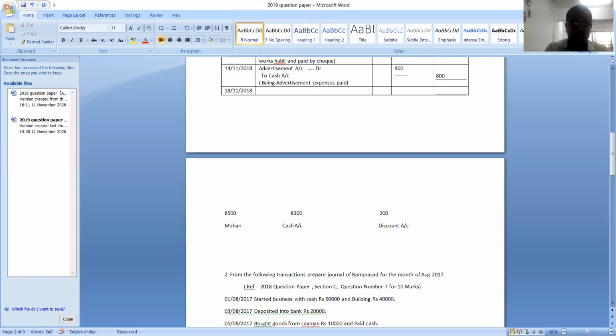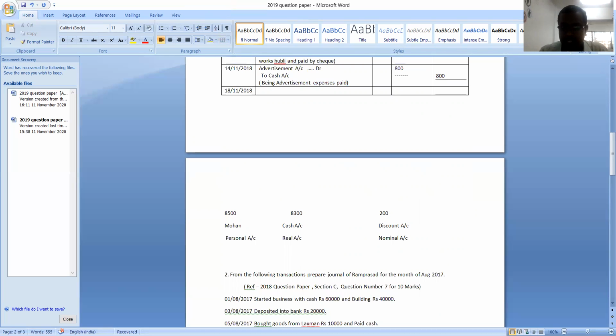Now tell me, Mohan is which account? Personal account, right? Cash account is which account? It is a real account. And the discount account is which account? It is actually a nominal account.